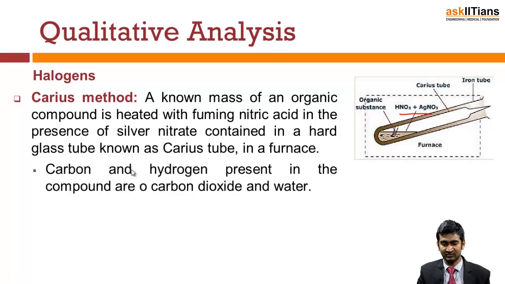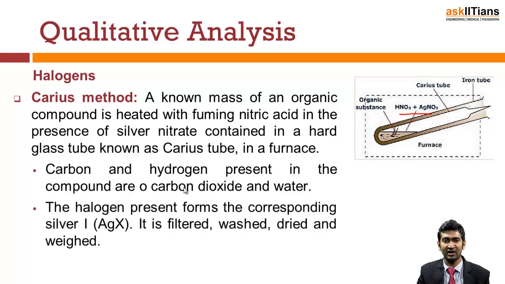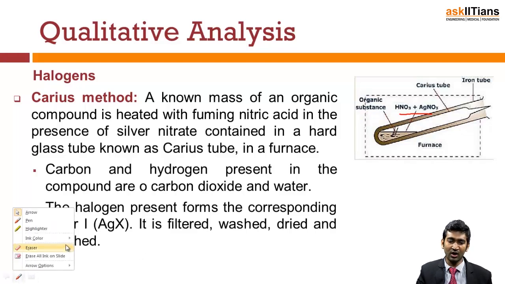The carbon and hydrogen present get converted to carbon dioxide and water, and the halogen which is left behind reacts with the silver and gives AgX, AgI, AgBr, or AgCl, which is filtered out and dried, and then we measure its weight. So that is how we proceed for the Carius method.